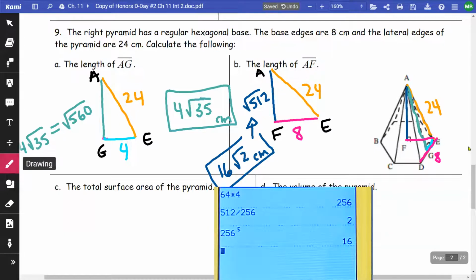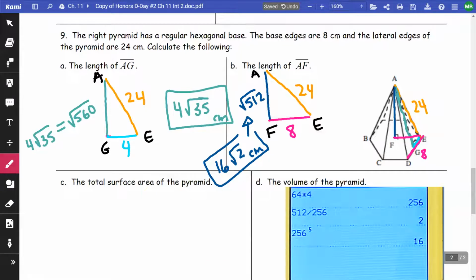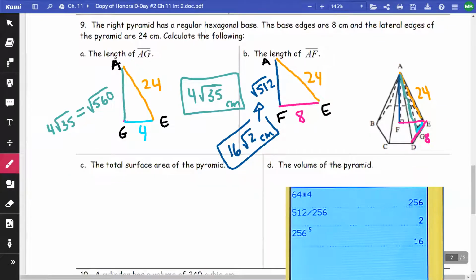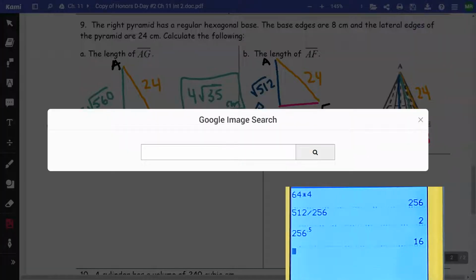Okay, so now the next part, we want to find the total surface area. So if I'm going to do the bottom, let me just get a hexagon.